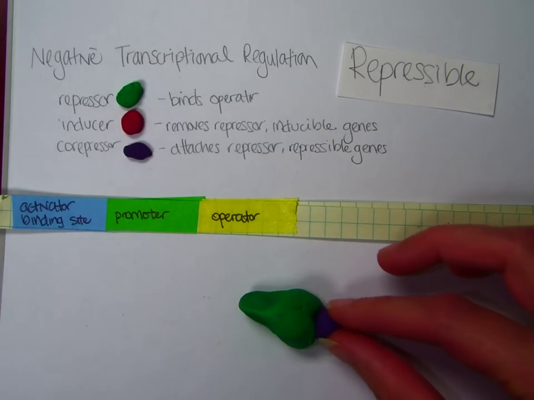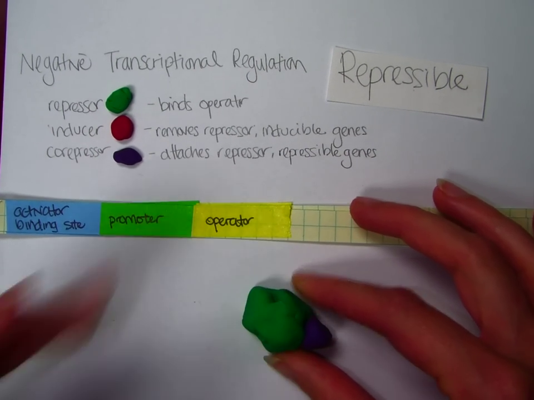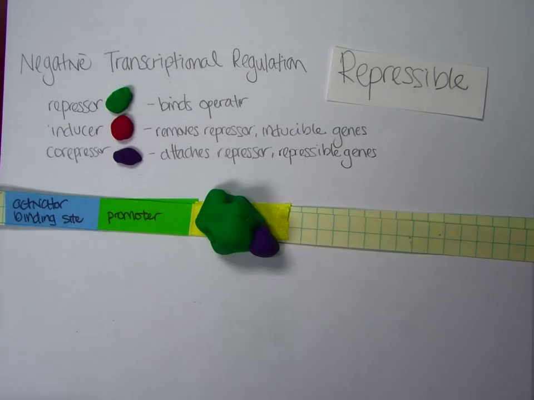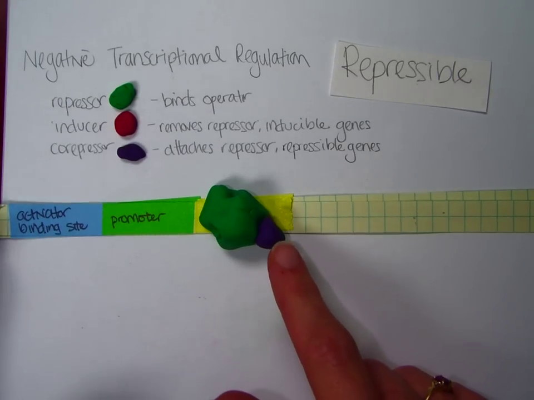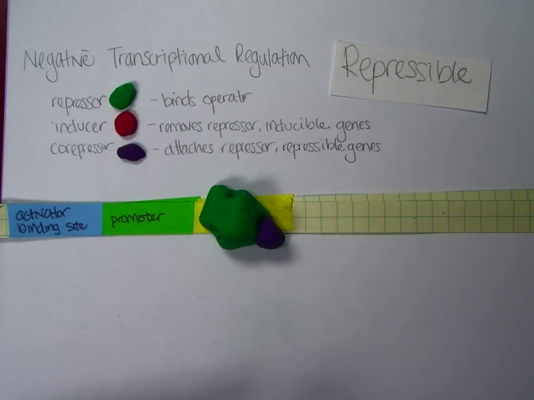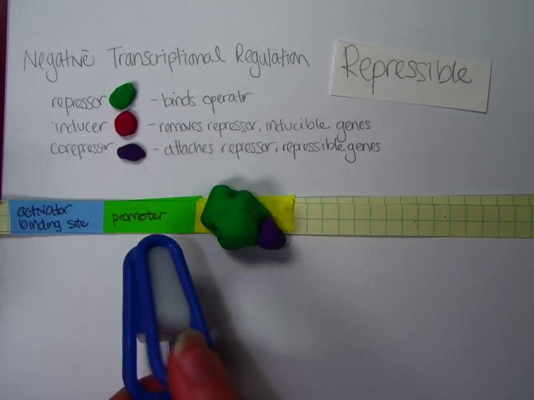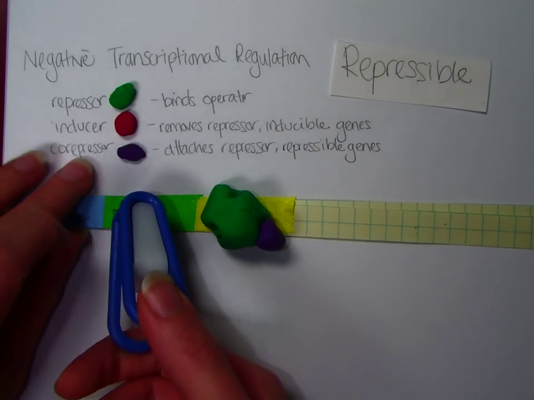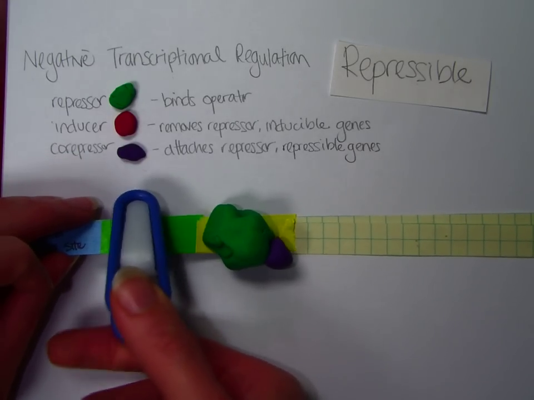So when the co-repressor binds to the repressor, the shape of the repressor is going to change into a shape that can now bind to the DNA. So when we have plenty of this anabolic product, that product or a related metabolite of that product is going to come in and serve as the co-repressor. Now, RNA polymerase binding is going to be decreased, but even if the RNA polymerase can bind, it can't transcribe.